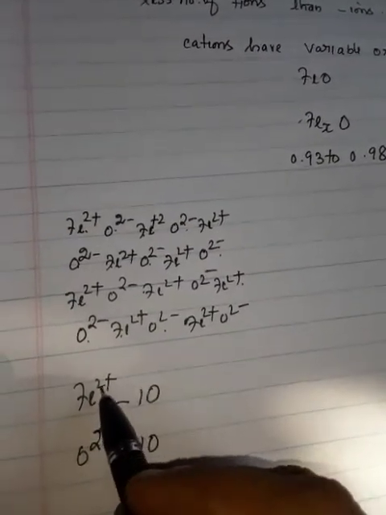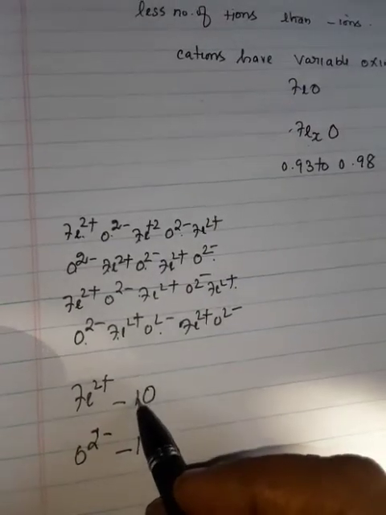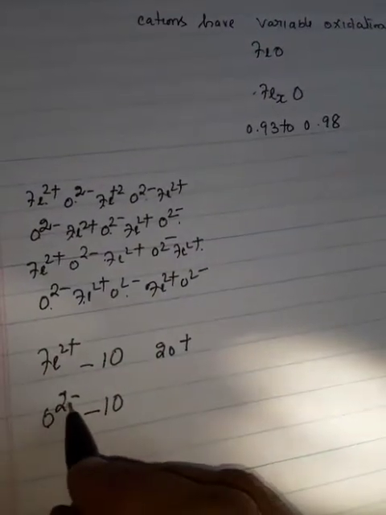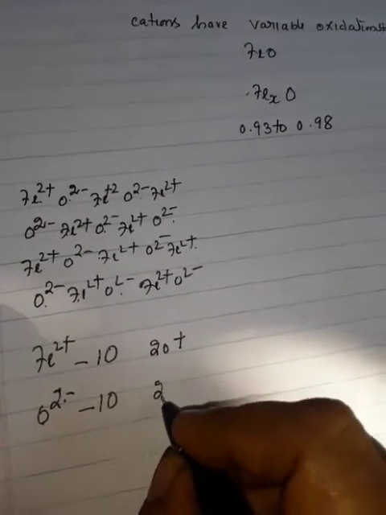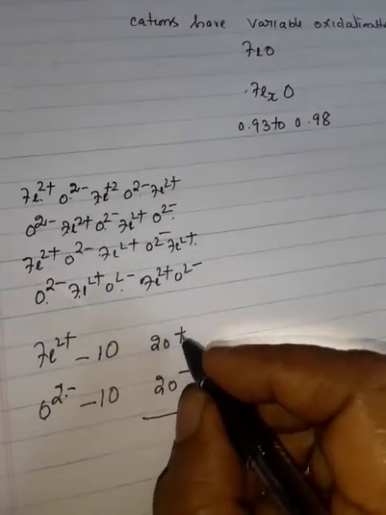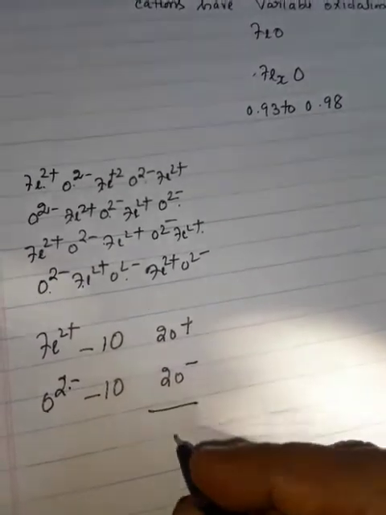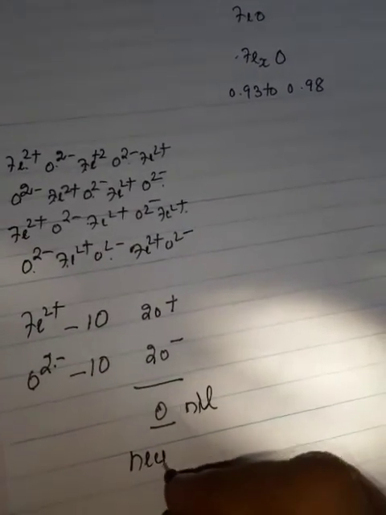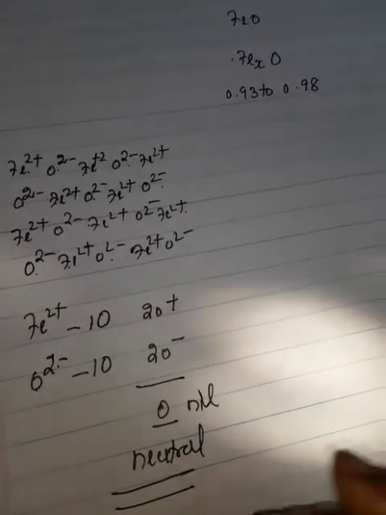So 2 plus with 10 atoms present gives 20 plus, and O2- with 10 atoms present gives 20 minus. So the charge gets cancelled: 20 plus and 20 minus gives nil charge. It becomes neutral, which means equal. There is no defect.